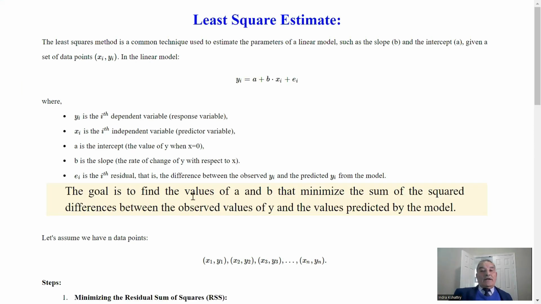The goal is to find the values of A and B that minimize the sum of the squared differences between the observed values of Y and the values predicted by the model.